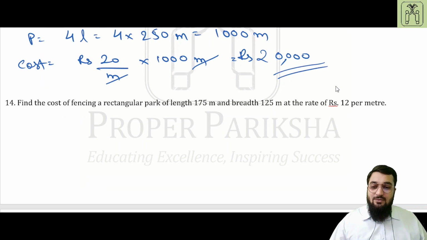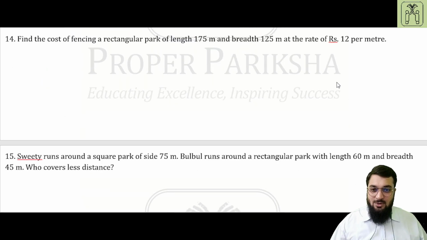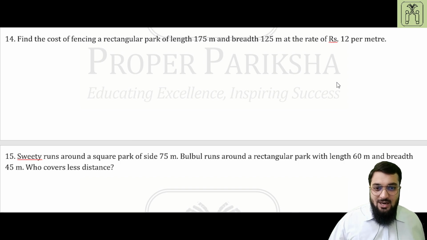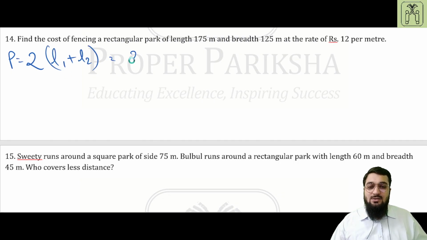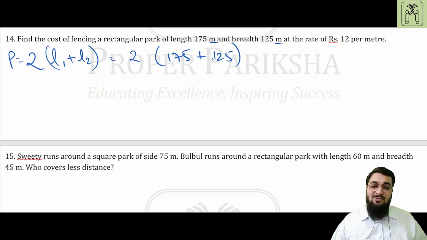Question number 14. Find the cost of fencing a rectangular park of length 175 meters and breadth 125 meters at the rate of 12 rupees per meter. For the cost of fencing a rectangular park, we just have to find the perimeter, that is 2 into L1 plus L2. That gives 2 into 175 plus 125, and both of them are in meters, which you have to make sure of. So 175 plus 125 gives you 300, so 2 into 300 meters is 600 meters in totality.